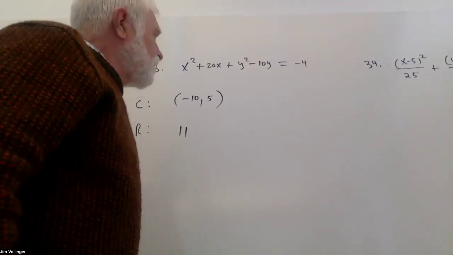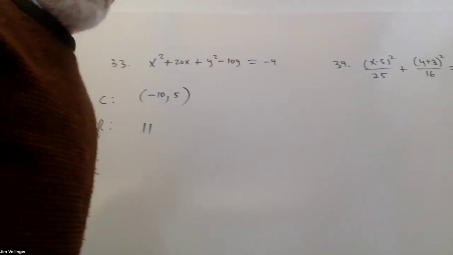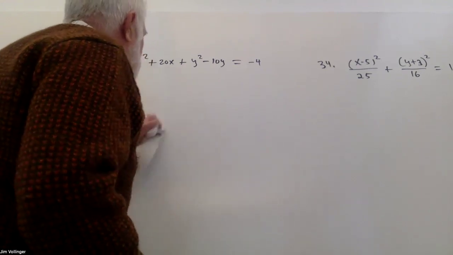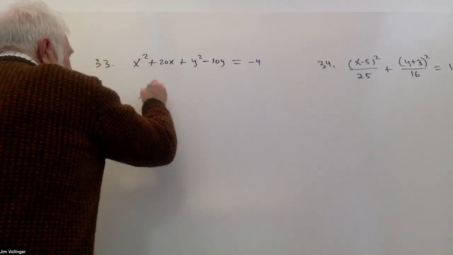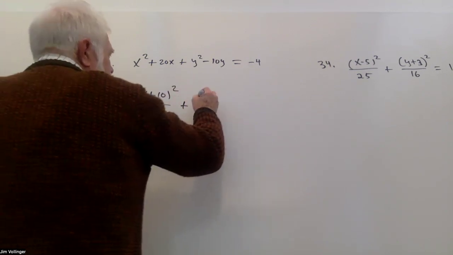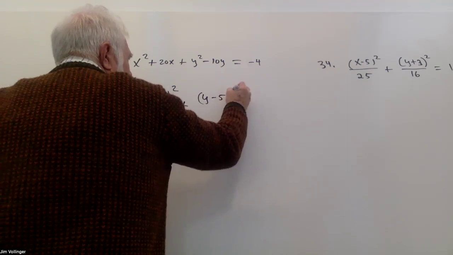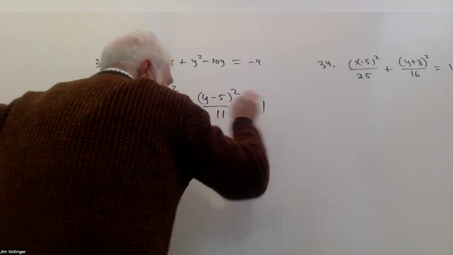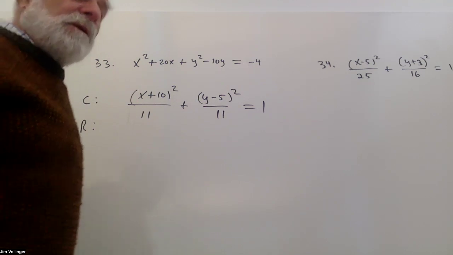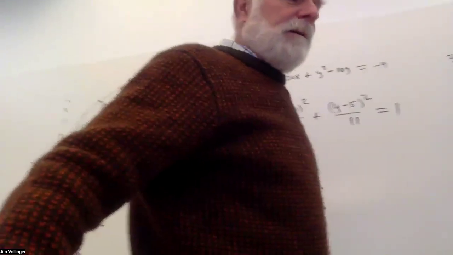So radius of 11, you try it, complete the square, go for it. Oh, you know what I can show though? I can show, I think, x plus 10 squared over 11 plus y minus 5 squared over 11 equals 1. That's another way I could have written this. And so that's a little helpful when you get over to this side.